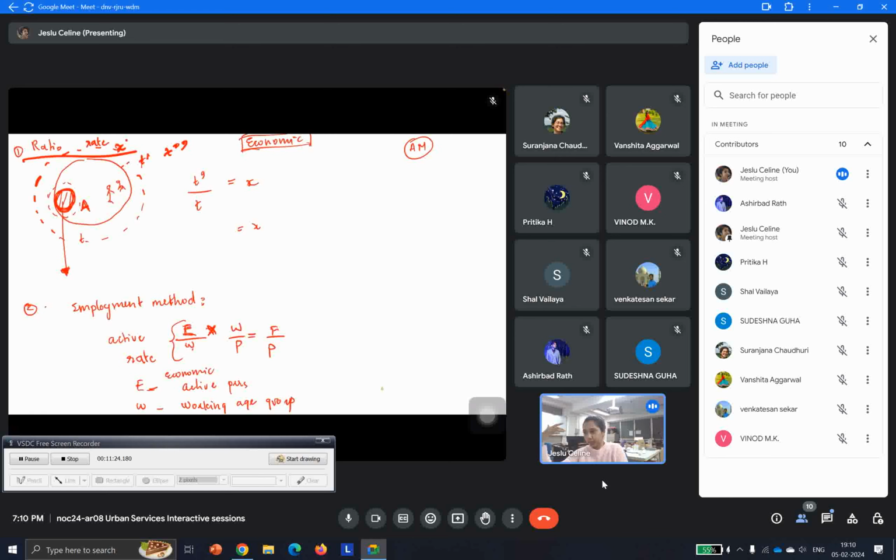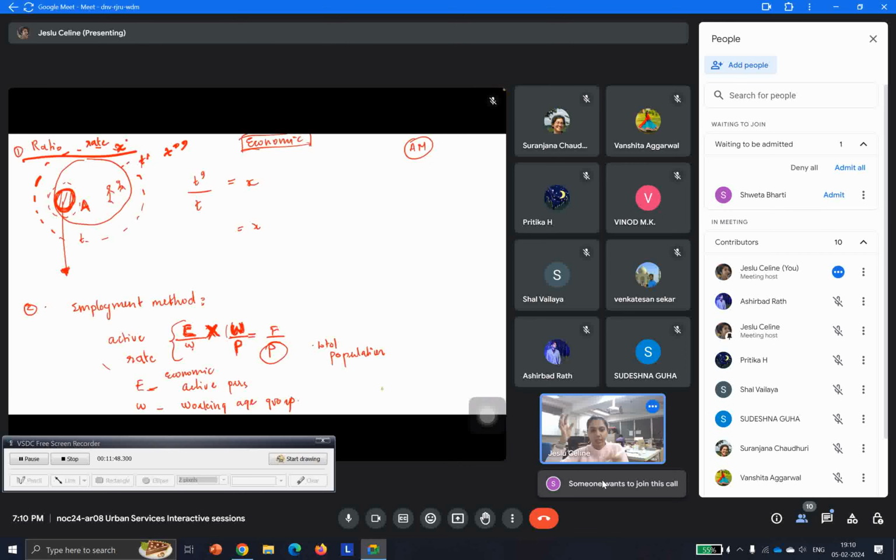And P is the total population that we are interested in finding out. So this formula gives us, if you take the activity rate by the number of people who are working in the total, the working age population rate. What is the population of people belonging to that working age group?